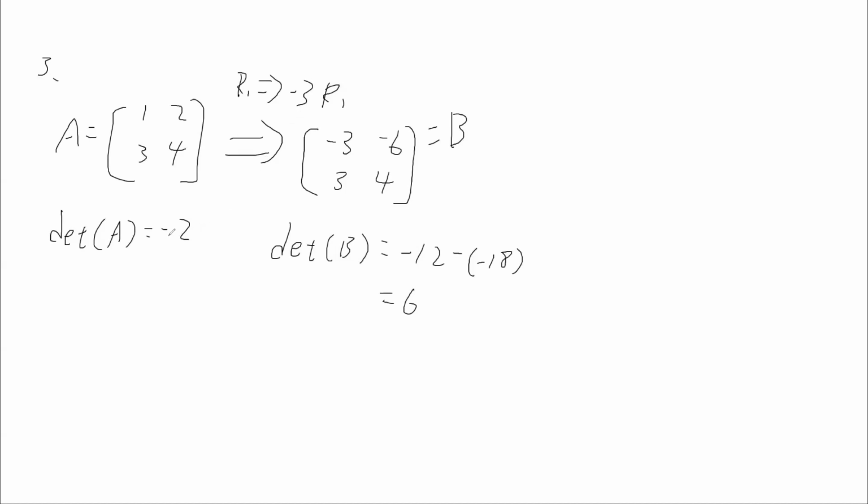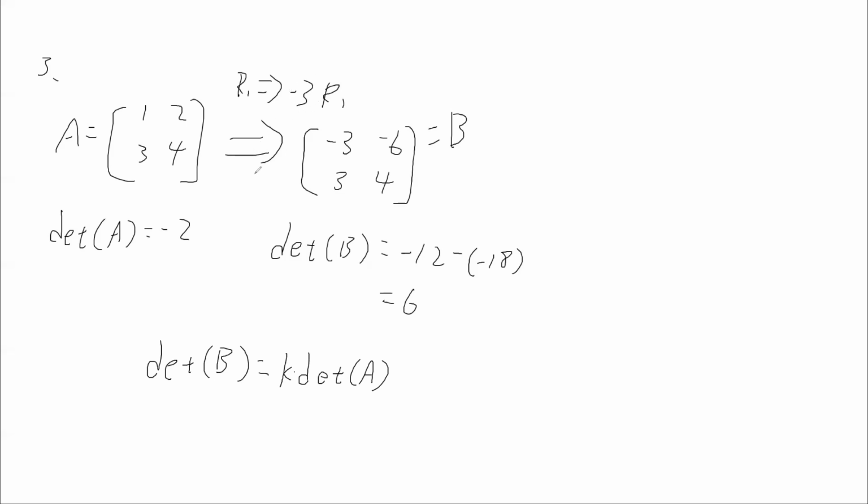So what this does is, if you multiply a row by a constant, the determinant is going to change by multiplying by the same number. -2 times -3 gives you 6. So in this case, the determinant of B is going to be the constant K multiplied by the determinant of A, where this constant K is the number that you multiply some row by.